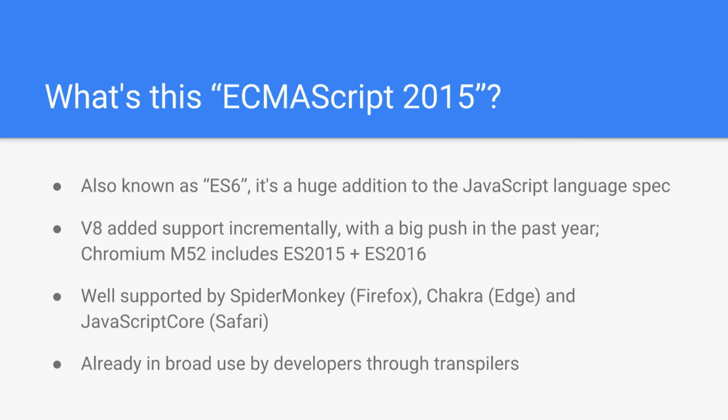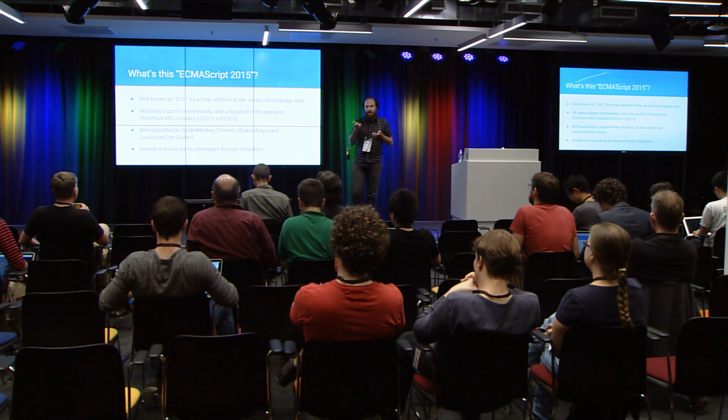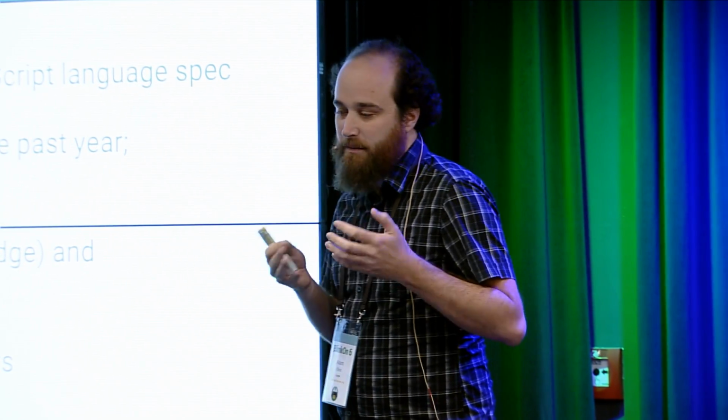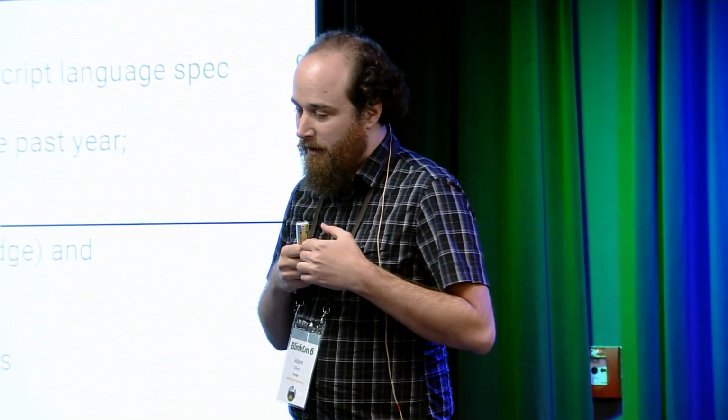And V8 has been adding support for the features in ECMAScript incrementally for the last several years. And as of Chromium M52, we have pretty much everything that's in ES 2015 and 2016. And we're continuing to work incrementally forward. This has also been happening in other JavaScript engines around the ecosystem.